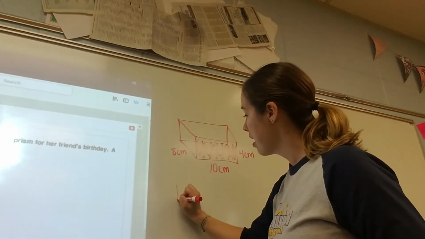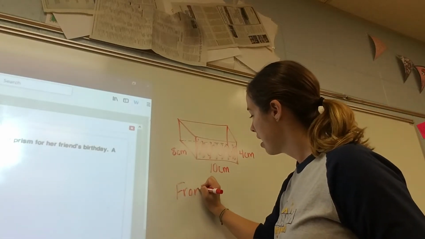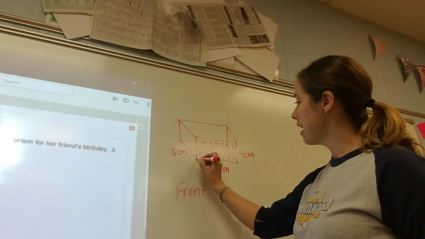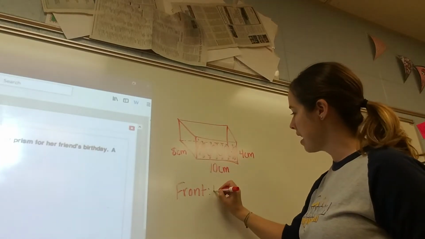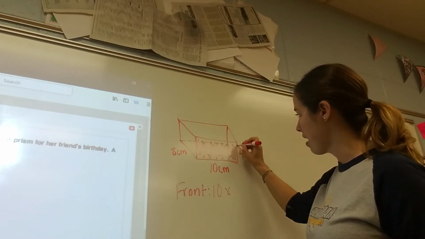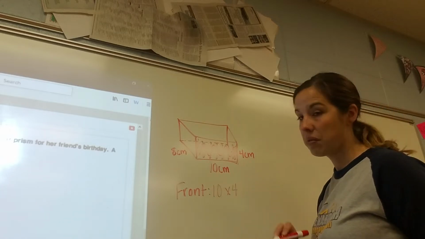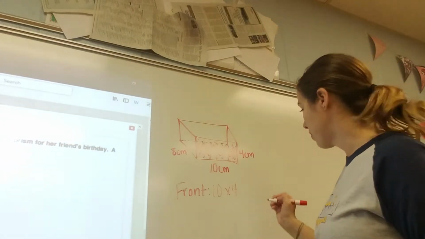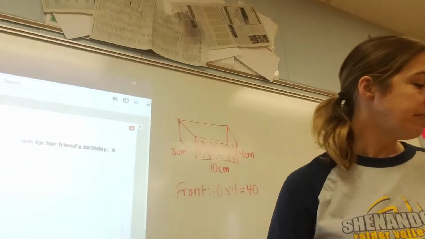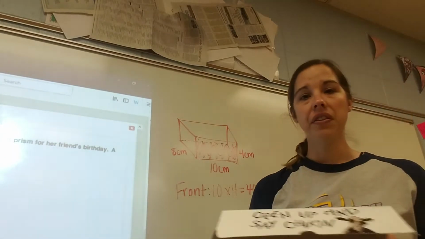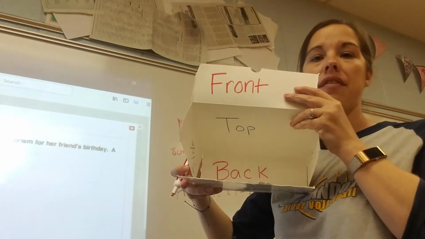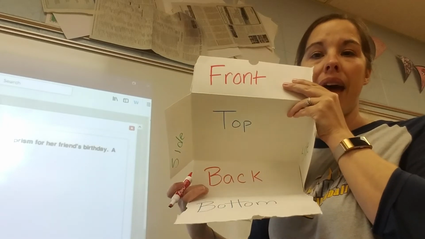So my front is a rectangle. To find the area, I'm going to take my length of 10 times my width here of the front, which is 4. And 10 times 4, we know, is 40. If you think of the net of the box, if I open up my front and continue to unfold it, I have my top, but then I have my back.